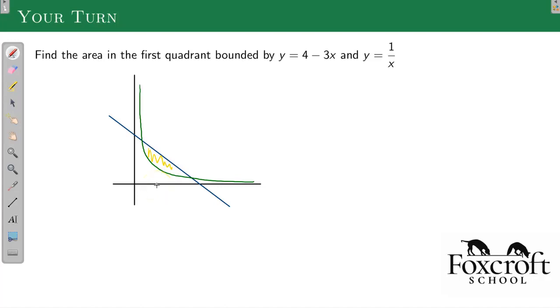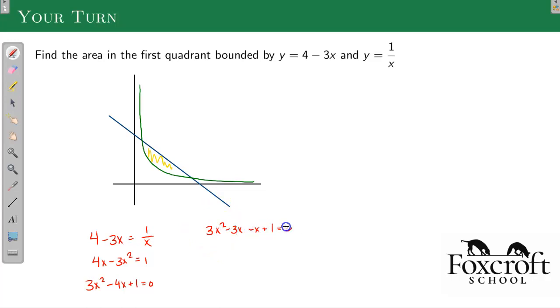Alright, so this one I actually made a little bit harder for you guys because we don't know where it stops and starts, so we need to find when these things are equal. So to do this, I would multiply both sides by x. 3x squared minus 4x plus 1 equals 0. Positive 3, negative 4.